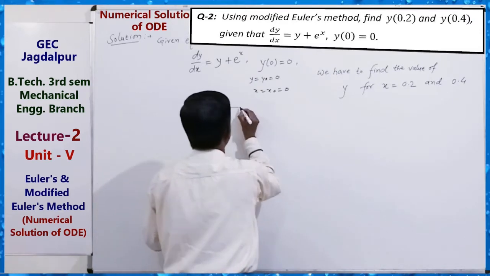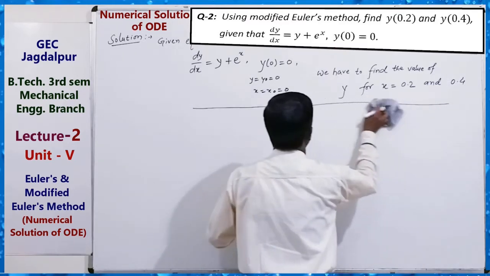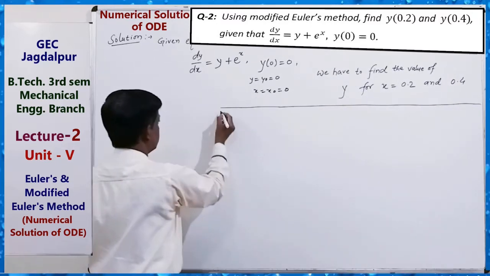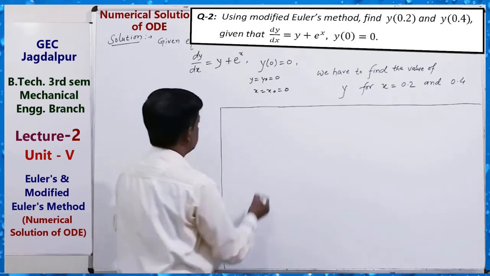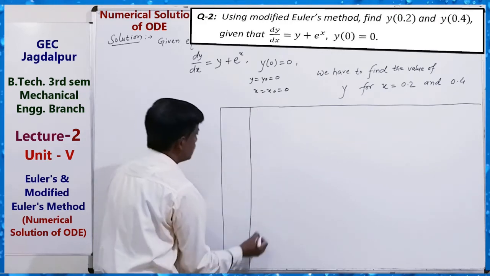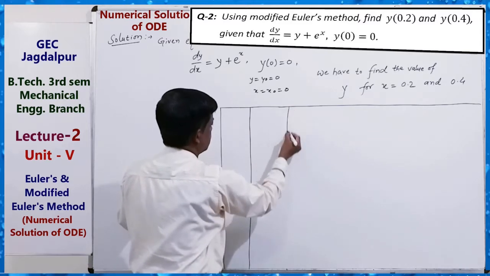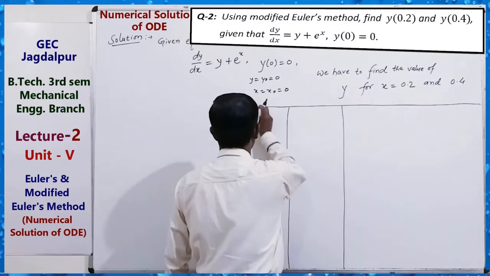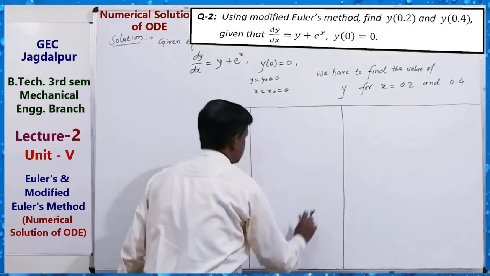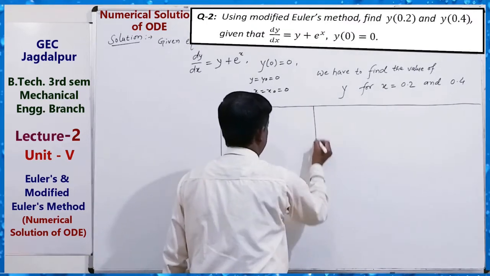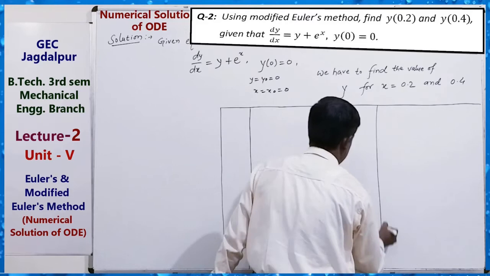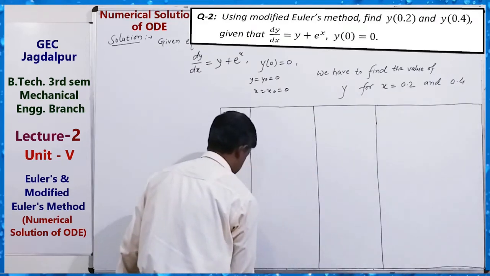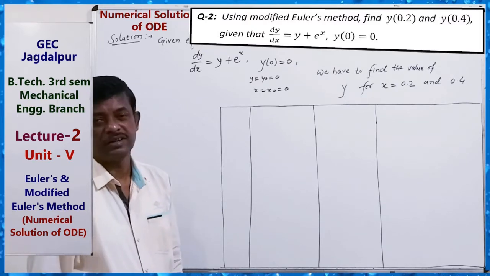The first value is the value for x. The second value is for the previous slope, and the mean slope is this. We can draw the table for calculation.